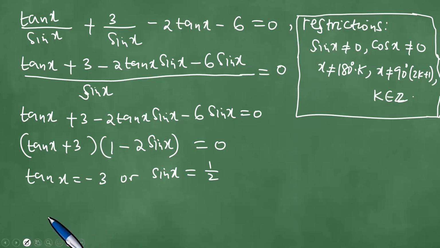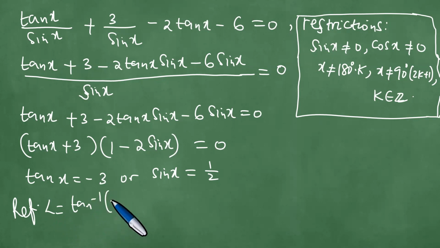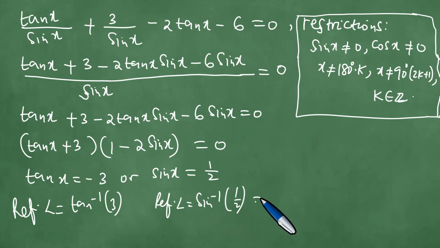So we proceed to get the solutions to these by finding the reference angles. The reference angle is arctan of 3. And here the reference angle is arcsin 1/2. So arcsin 1/2 is 30 degrees, but here we have arctan of 3, which is 71.56505 degrees, like so.